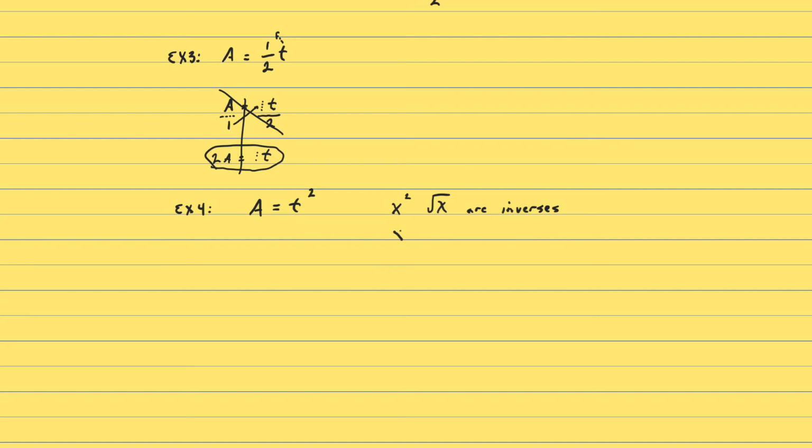So anytime you see x squared with a square root, it equals x. Anytime you see a square root with a squared, it equals x. The bottom line is this symbol and this symbol, and I'm just going to put an x here, make each other disappear. Okay?